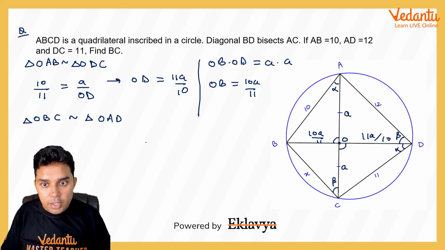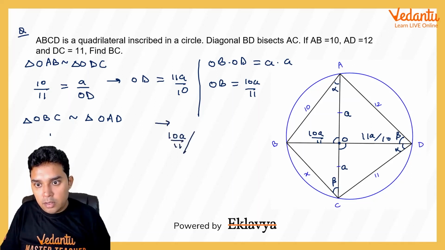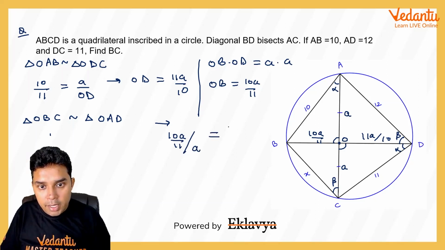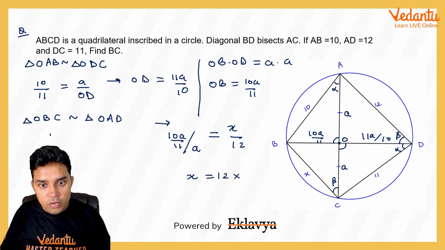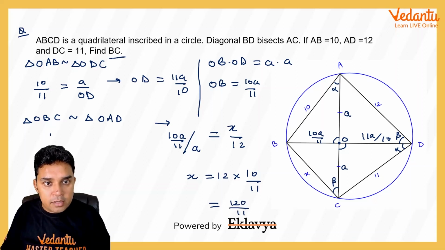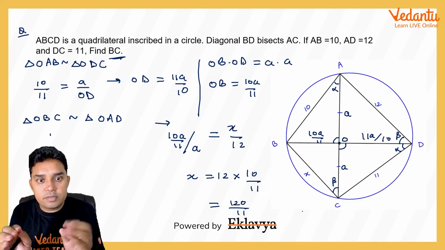So here if we take the ratio of corresponding sides, we will get 10A upon 11 divided by A will become equal to x in this triangle upon 12 in that other triangle. So from this we get x to be equal to 12 into 10 upon 11. So we get this answer to be 120 upon 11. So the length BC will be this thing. I think a very easy question based on just the use of some similar triangles.